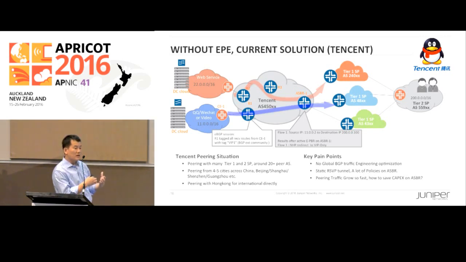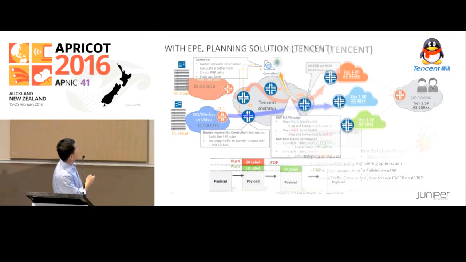They always used RSVP-TE static tunnels to direct traffic from one end to another. And the peering traffic grows so fast, with all the videos and so on from Tencent, so they want to save capex on the peering router. The problem is somewhat like this.